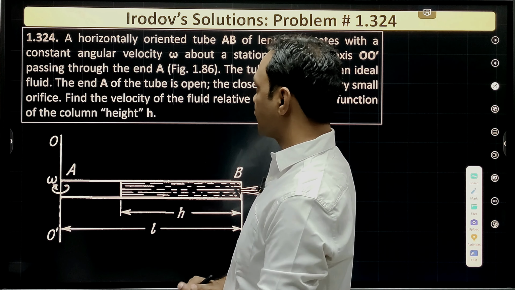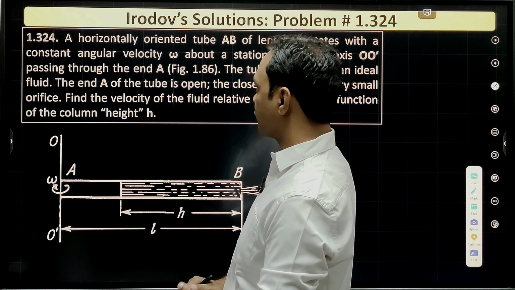From both sides you can see dA will get cancelled, and this P and P will also get cancelled. So on the LHS we remain with dP only, and on the RHS we will have rho x omega square dx.